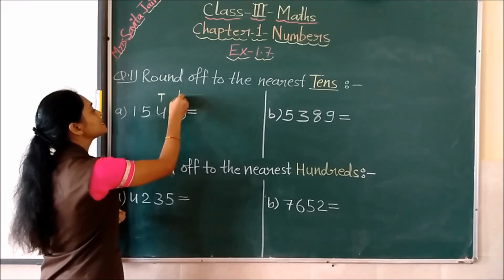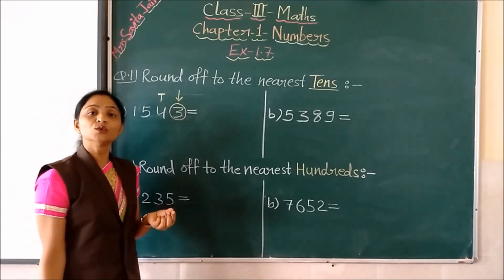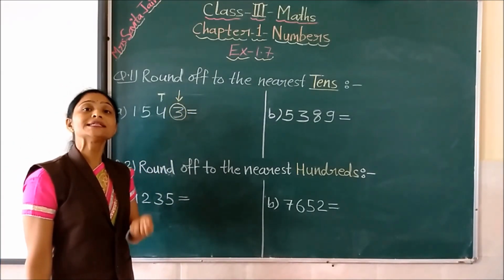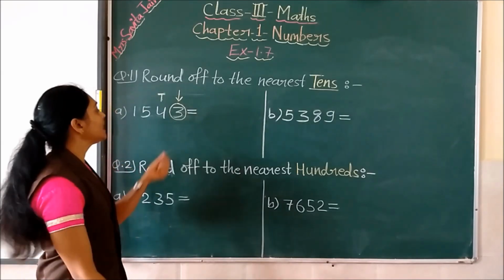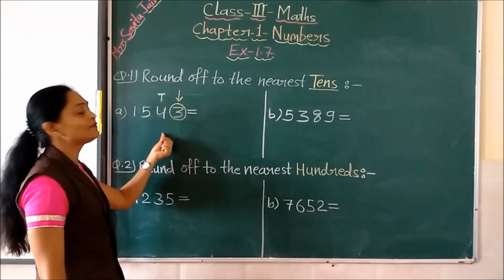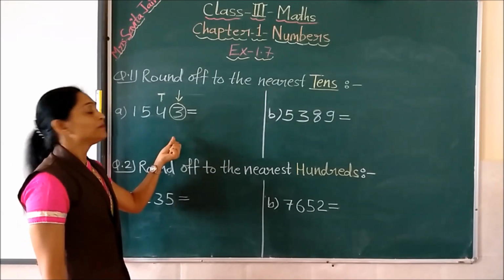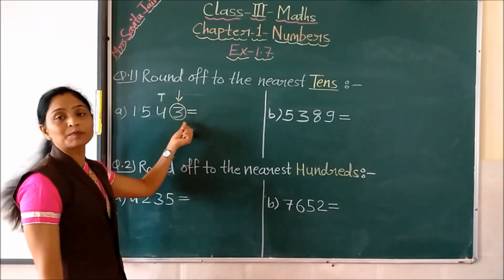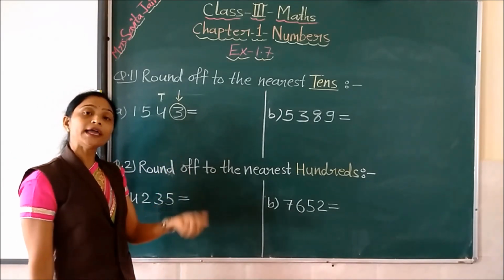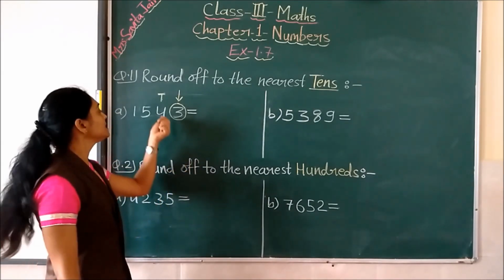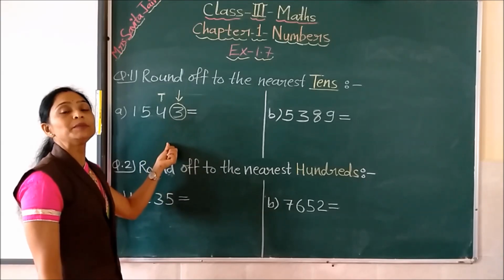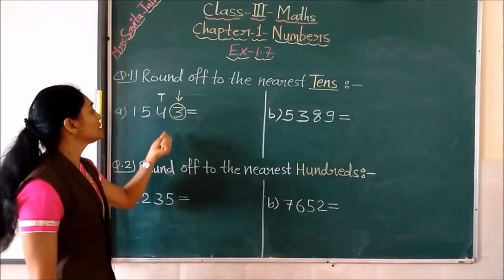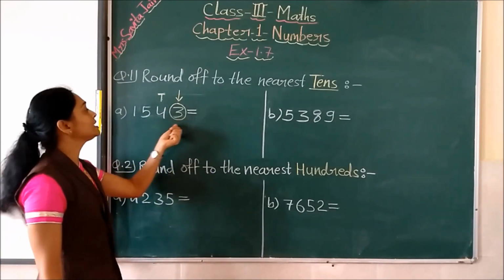If this digit is 1, 2, 3, 4, that is, less than 5, then the tens place digit will remain the same. And if the ones place digit is 5 or more than 5, then the tens place digit will be increased by 1.